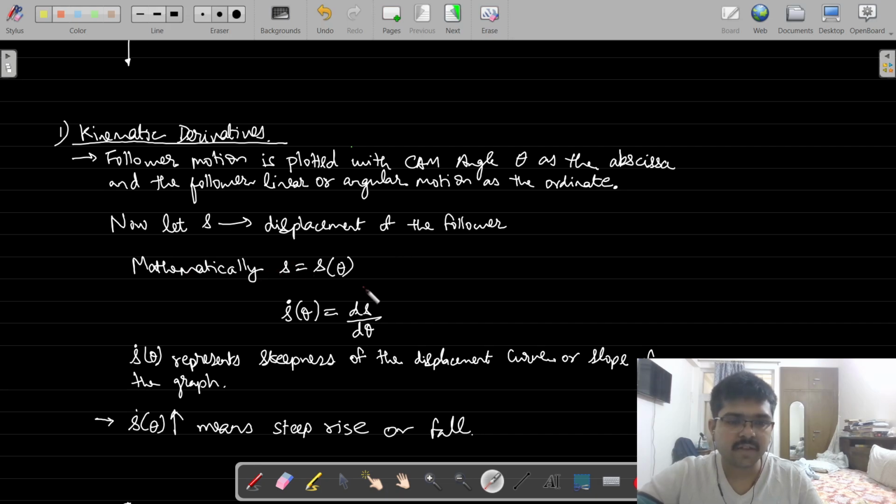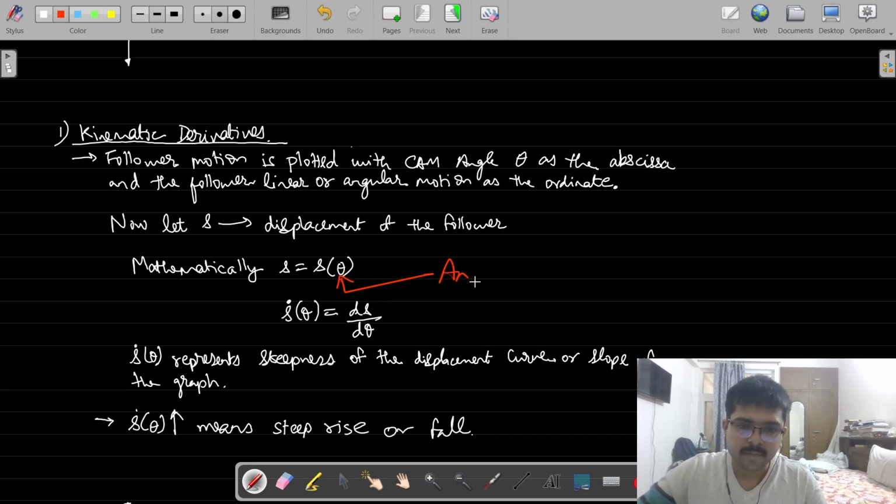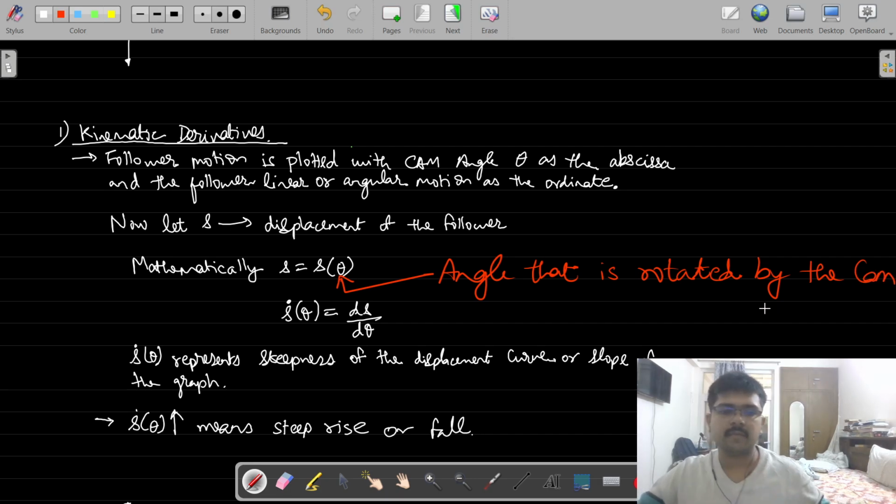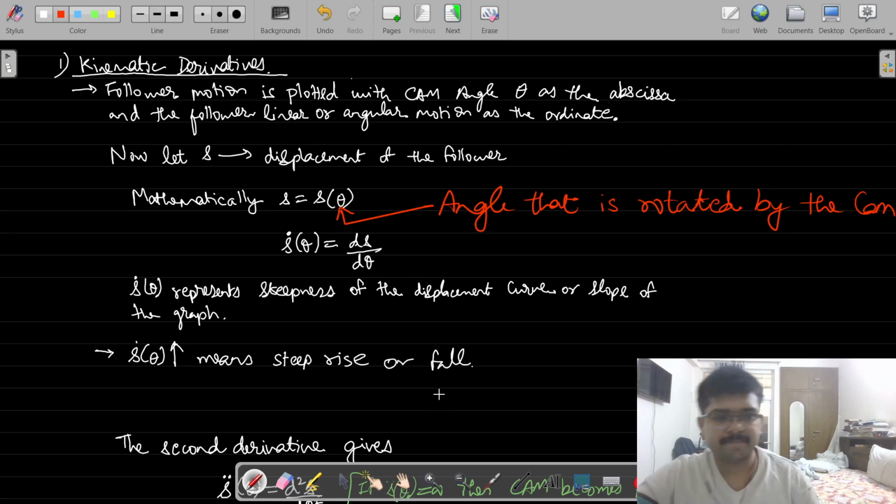Mathematically, S is equal to S of theta, where theta is the angle rotated by the cam. Now S dot theta represents the steepness of the displacement curve, or the slope of the graph.